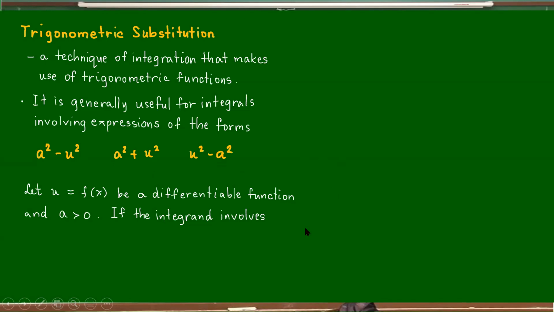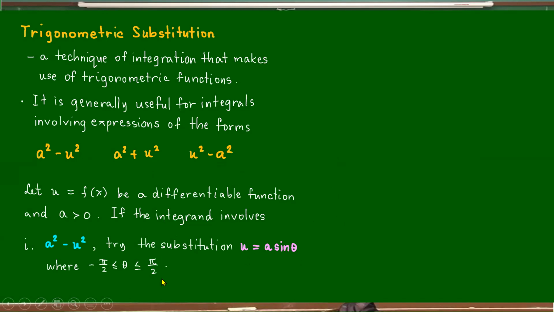Okay. So let u be equal to f of x, assume that this is a differentiable function, and a is a real constant greater than 0. If the integrand involves the expression a squared minus u squared, try the substitution u equals a sine theta, where theta is restricted to negative pi over 2 to pi over 2. Then du is equal to a cosine theta d theta.